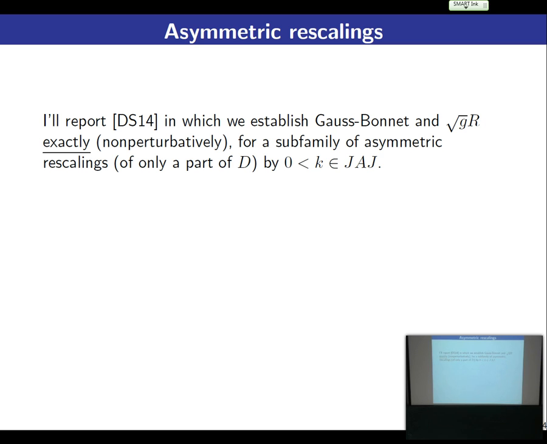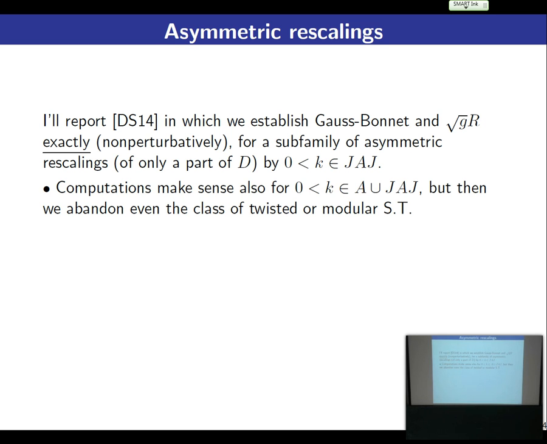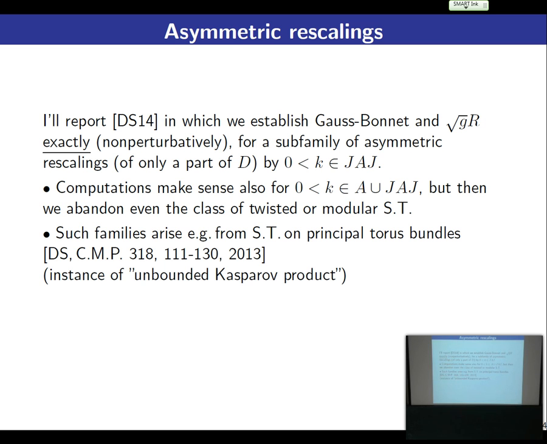Namely, instead of multiplying the Dirac operator from both sides by some positive function raised to the positive chiral projection, we modify only part of the Dirac operator. Again, we could, in principle, take K in this large algebra. Again, it wouldn't be a usual spectral triple.